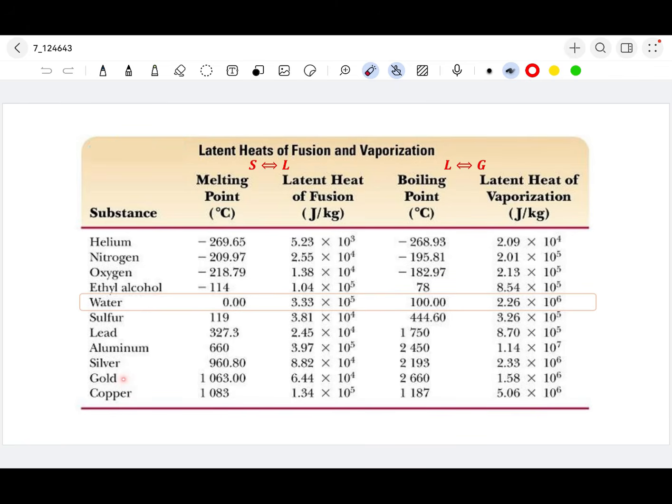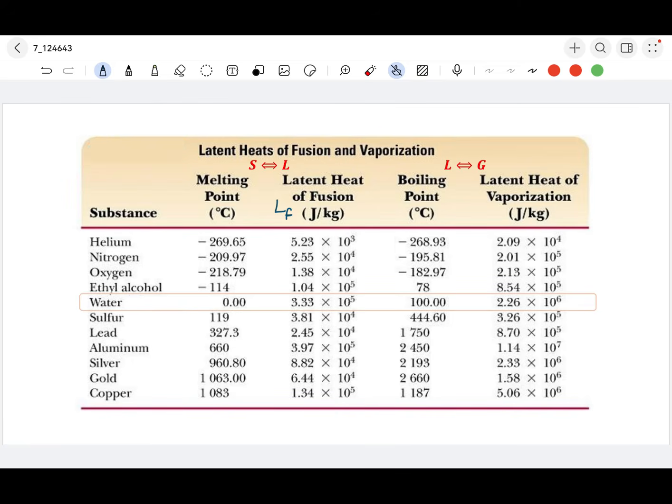For example, gold's melting point is 1063. At this temperature the solid will convert into liquid. In this phase change process, whatever heat energy is required to change the solid to liquid, we call it the latent heat of fusion. We represent latent heat of fusion with the letter LF. So what is latent heat of fusion?